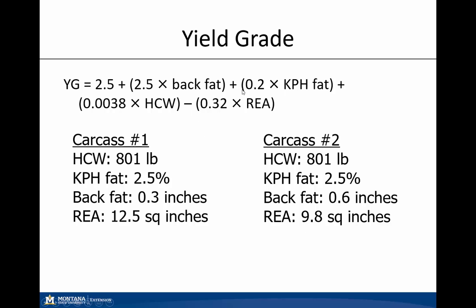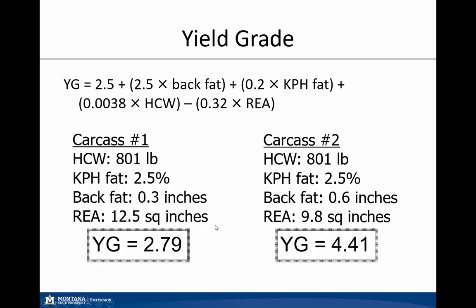So if we utilize this calculation based on these individual measurements, we have a yield grade for carcass 1 of 2.79 and a yield grade of 4.41 for the second carcass.